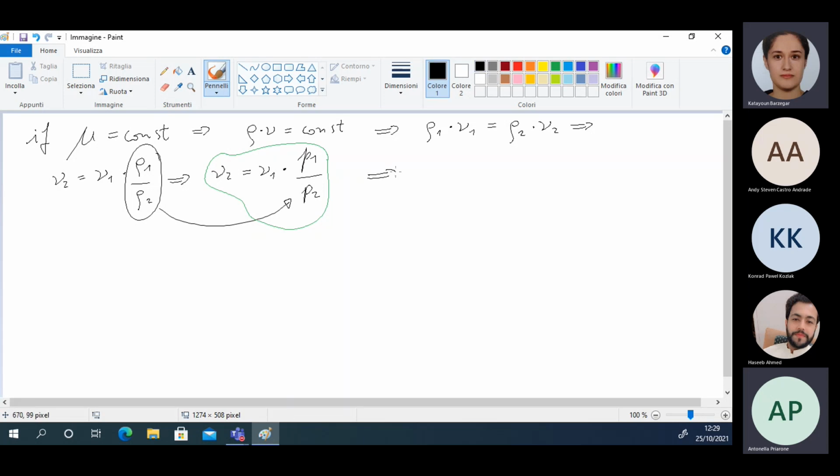So the kinematic viscosity of air at pressure equal to 6 kilonewton per square meter is obtained by this relation.